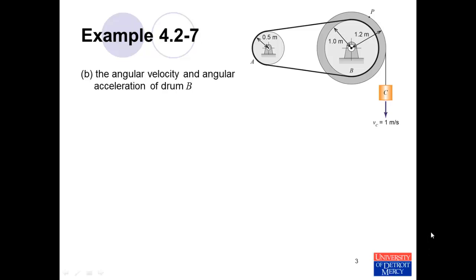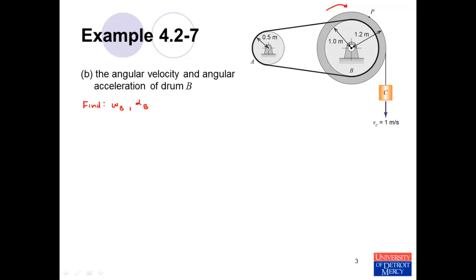Moving to part B of the problem, we are then asked to determine the angular velocity and angular acceleration of drum B, where it's rotating sort of in this direction.